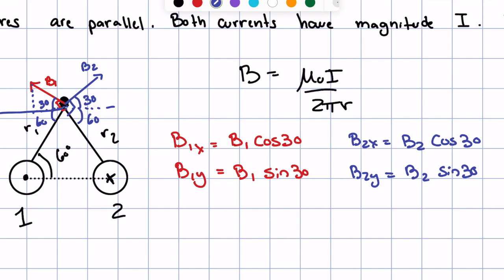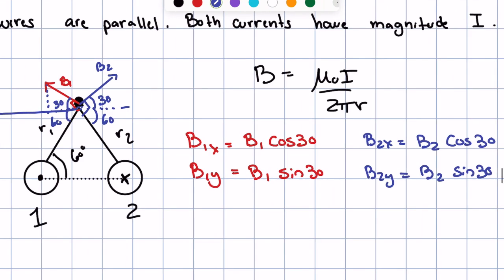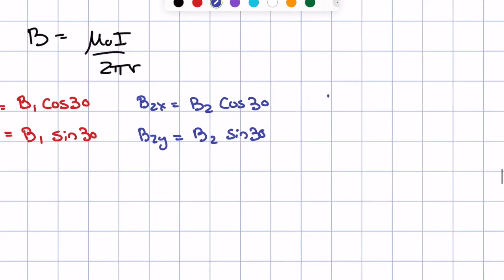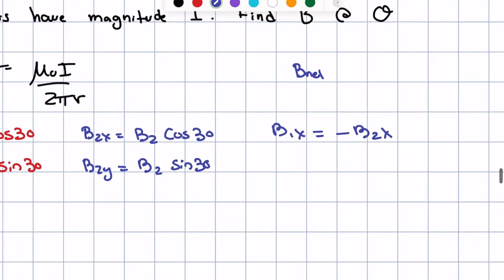Now something you do have to realize is that this 30 degrees is in the opposite direction of that 30 degrees. B1x is pointing in equal and opposite direction to B2x, so they cancel out. B1x is equal to negative B2x, so B net is equal to 0 in the x hat direction.